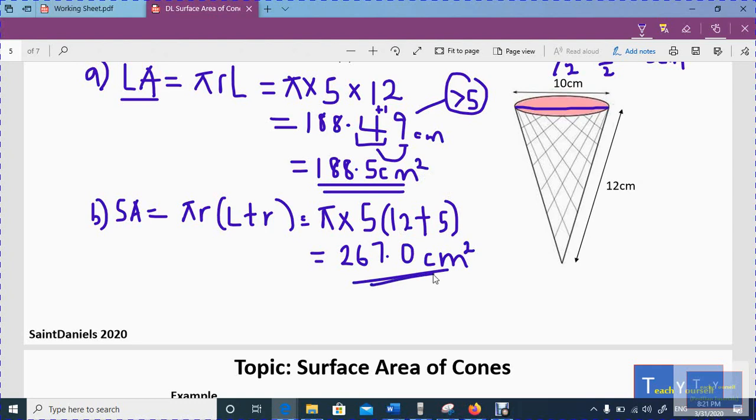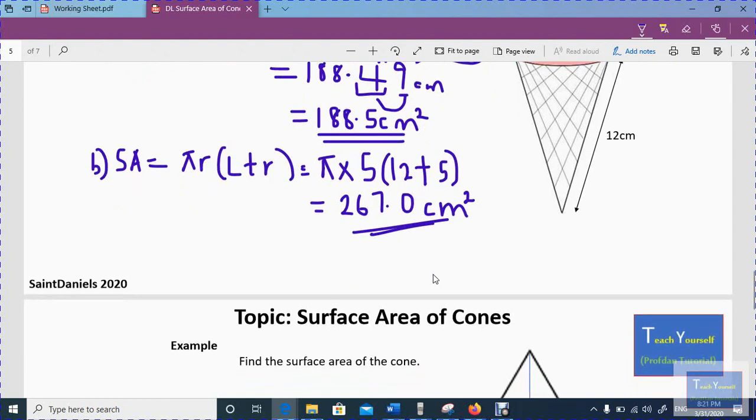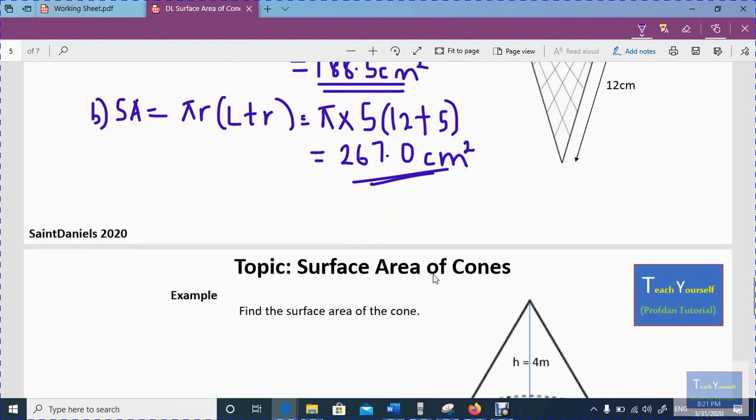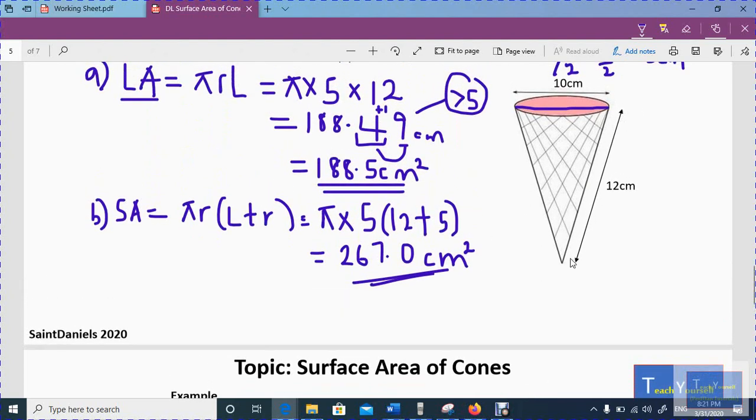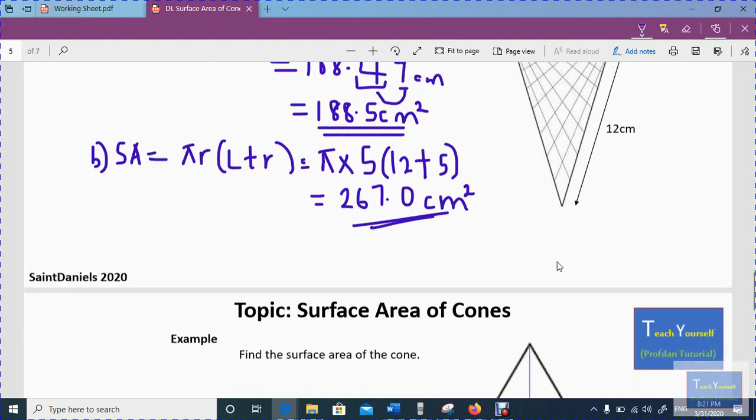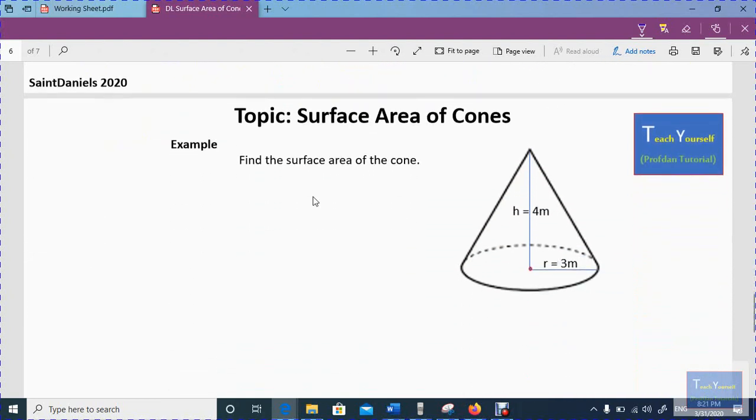Okay, we look at another example. Here you have to be very careful because I'm going to be showing you the difference between slant length or height and the actual height of the cone. Okay, let's look at this example too. Of course, this is a cone.